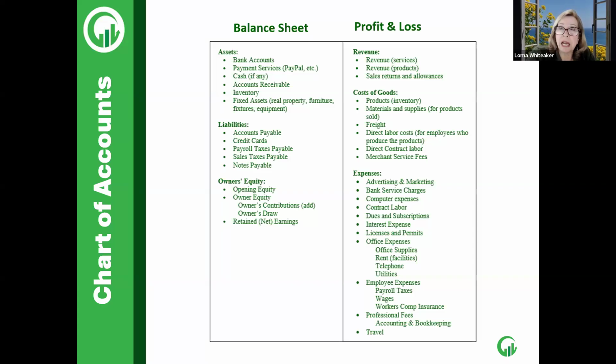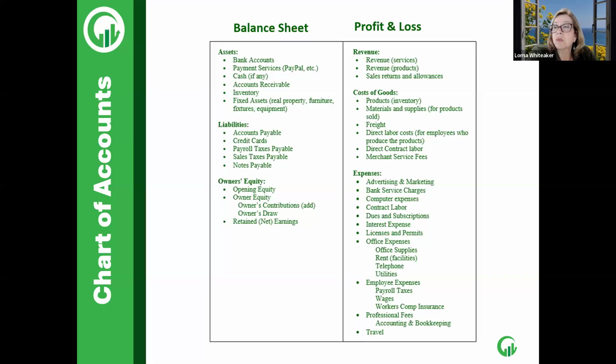When you first get set up on QuickBooks, they will ask you some things about your business, and then they will give you a chart of accounts that's in good alignment with the kind and type of business that you're in. These names can, for most of them, be changed so that they are meaningful to you.